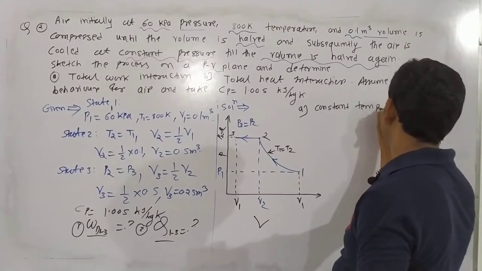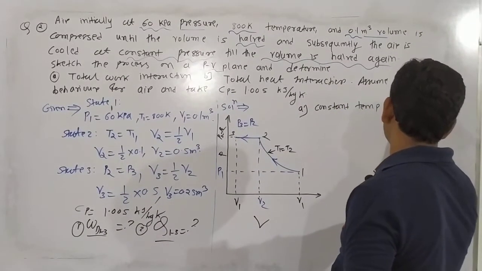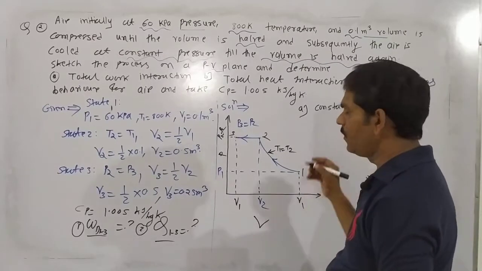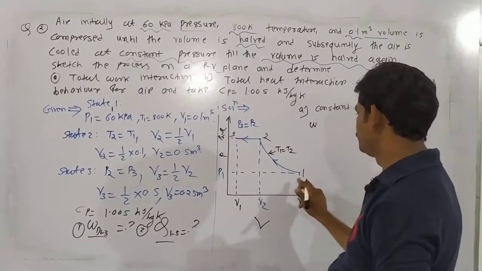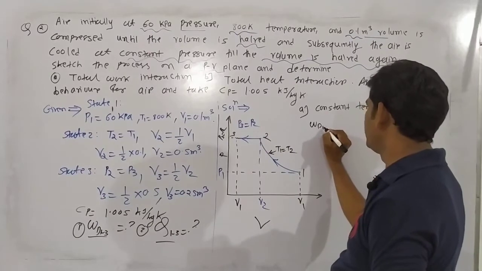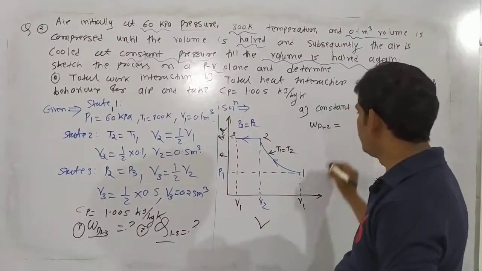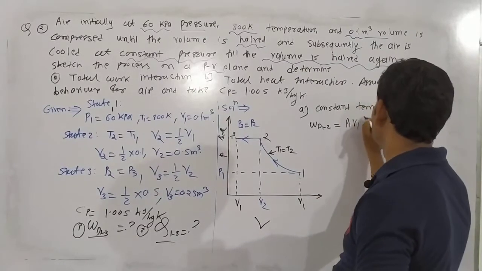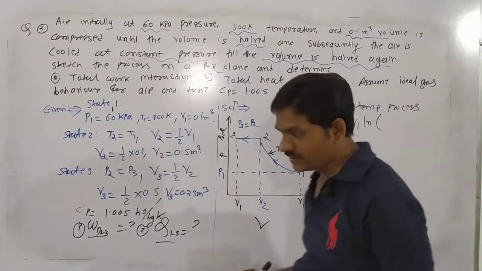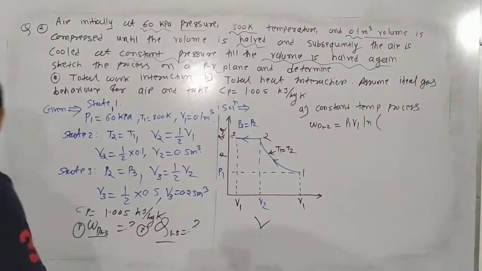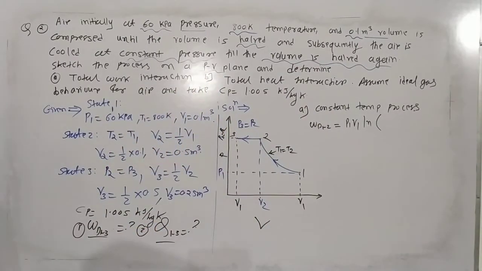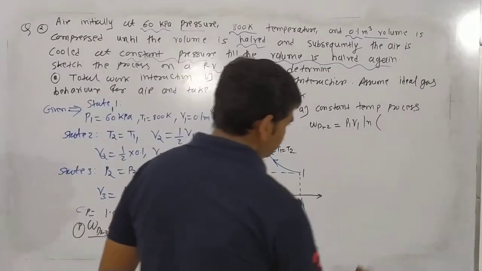What is the formula to calculate the work done 1-2? This is the compression work. The standard formula is P1 V1 ln of V2 upon V1.